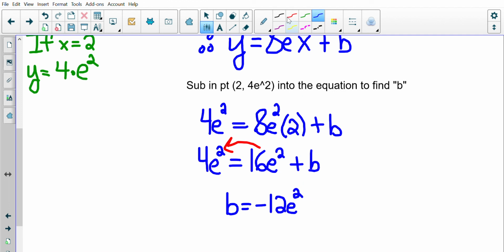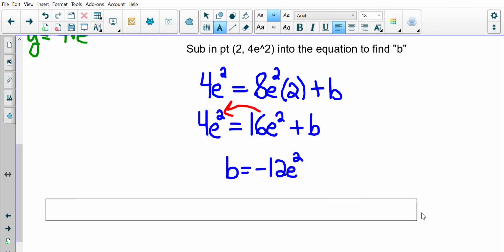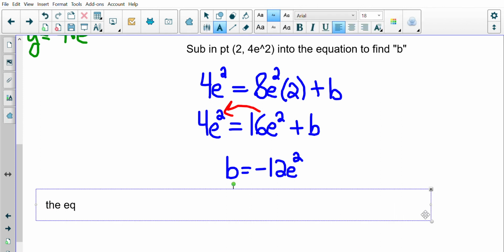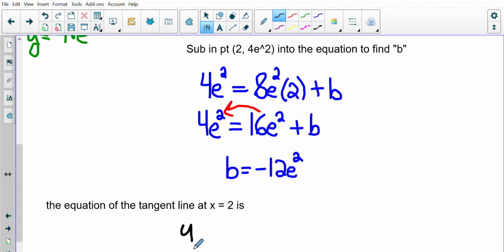And so finally, I've got my equation of my tangent line. Because I have my slope and I have my b value, the equation of the tangent line at x equals 2 is, we got y equals, the slope was 8e squared times x, and then plus our b value, which in fact we're going to go minus 12e squared.